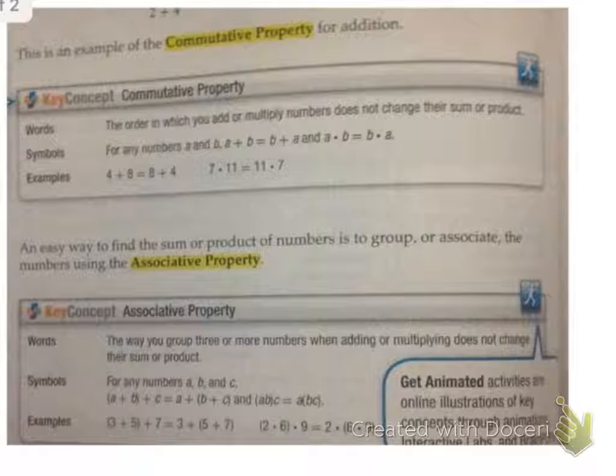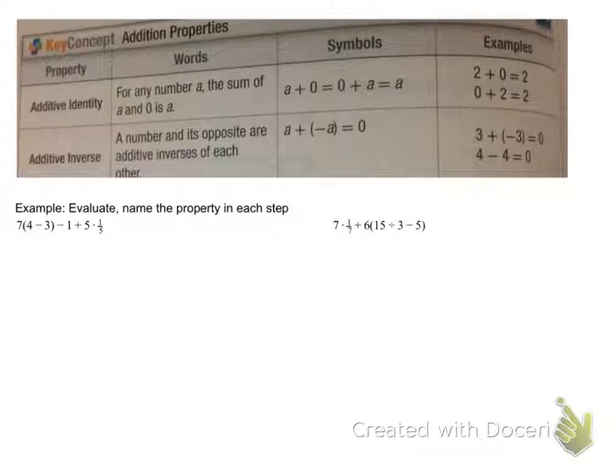That's all the properties. So what we're going to do is go back to those two problems that we had. And now we can evaluate and use all of our properties at our disposal to make this happen. Order of operations tells us to do what first? Parentheses first, yes?